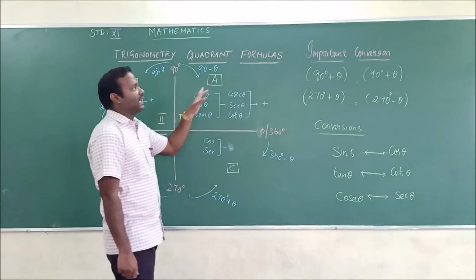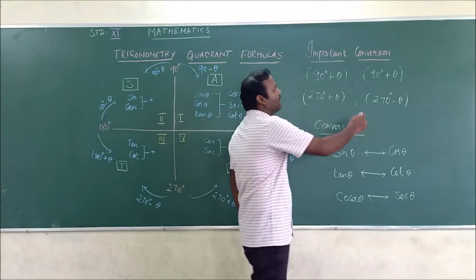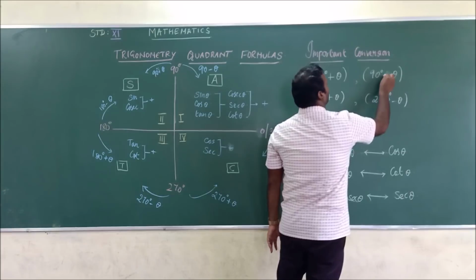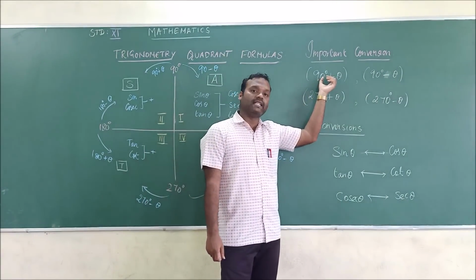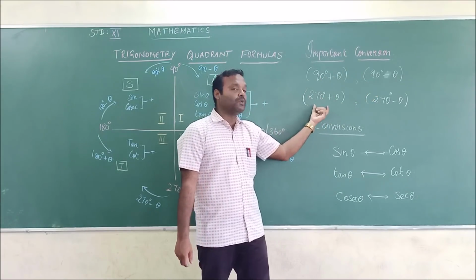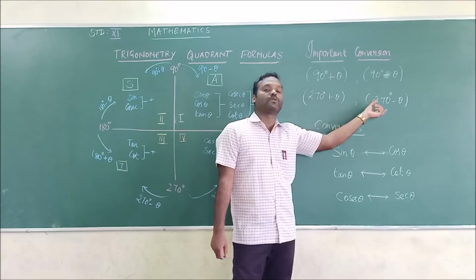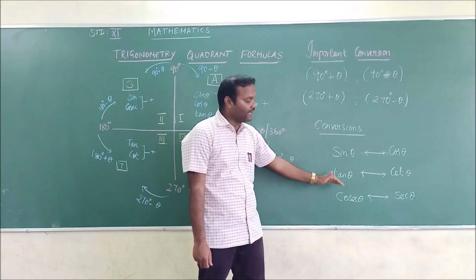So when you have a trigonometric ratio of 90 plus theta or 90 minus theta, 270 plus theta or 270 minus theta, you have to make this conversion.